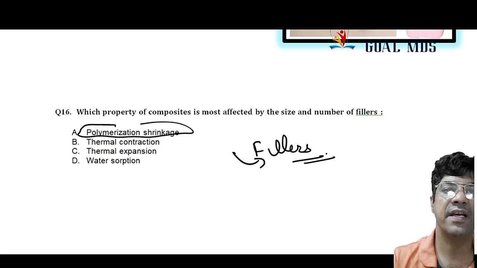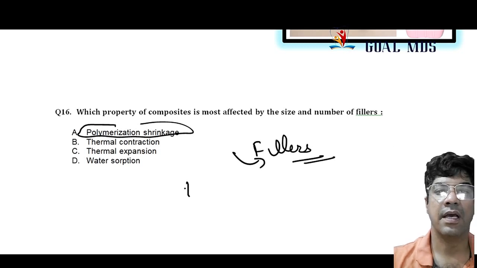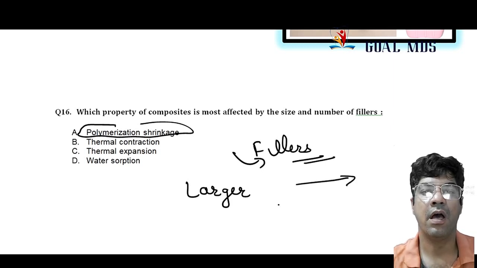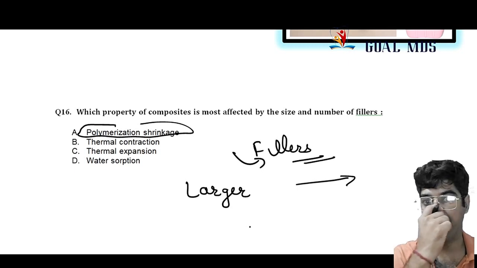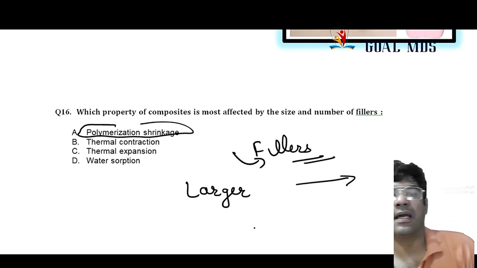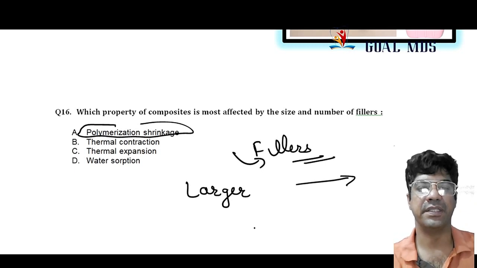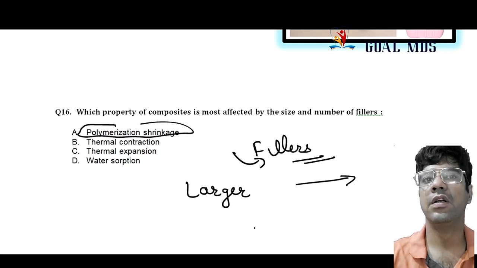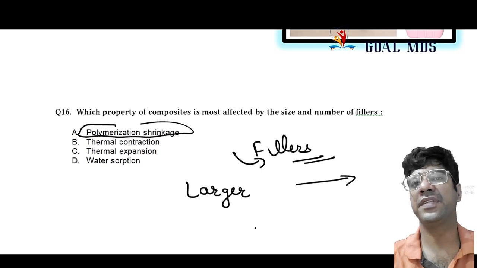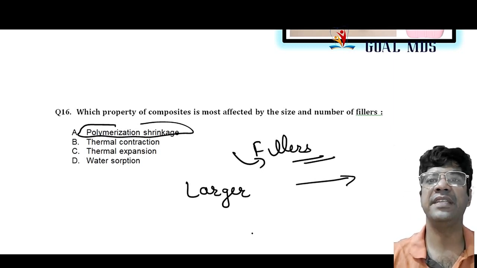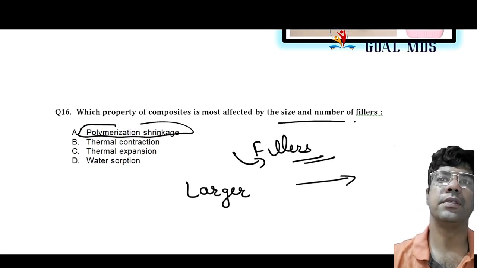Larger fillers act as an obstacle to the shrinkage, whereas a higher number of fillers can create interfaces that will affect the polymerization process. So the property of the composite affected by size and number of fillers is the polymerization shrinkage.